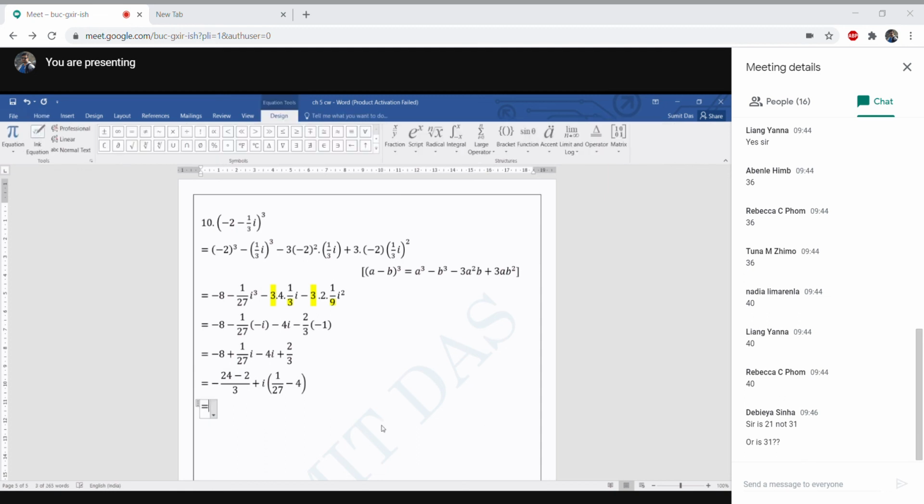A little big simplification, so it is minus 22 by 3, okay, plus i, it will be 1 by 27 minus.